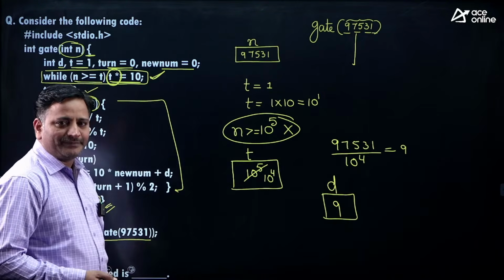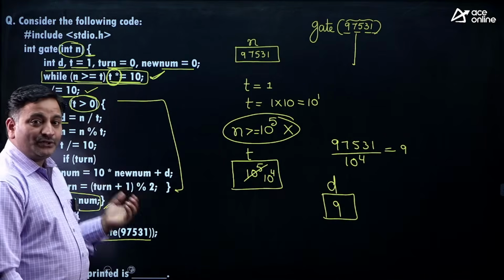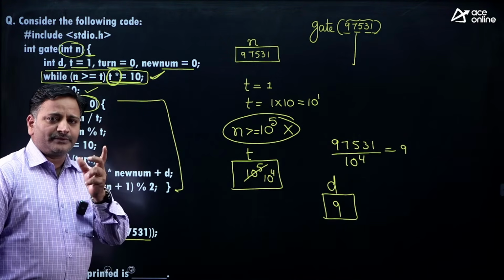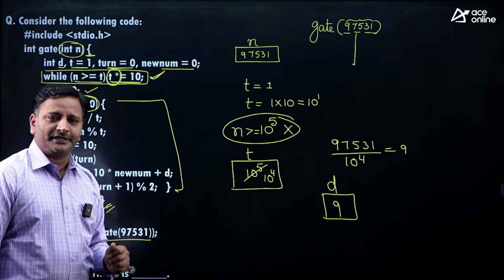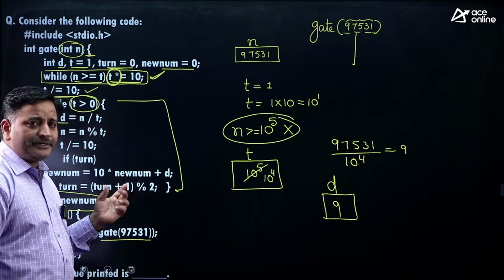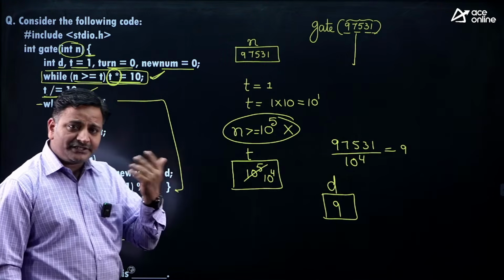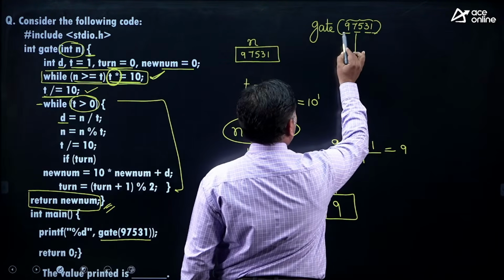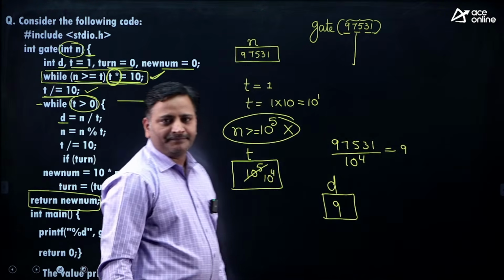Now I understood the concept that the purpose of t is to extract the digit from n. I'm asking you to focus on the concept, not on the loop or how many times it is iterating. The purpose of t is to extract the digit from the given n value. So we are extracting digits from the n value from left to right.